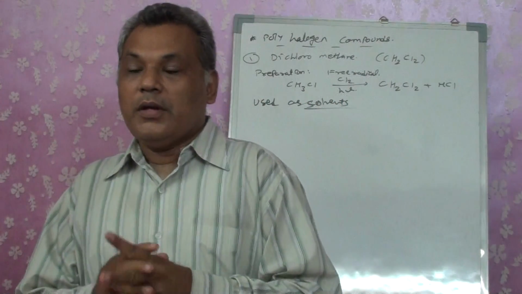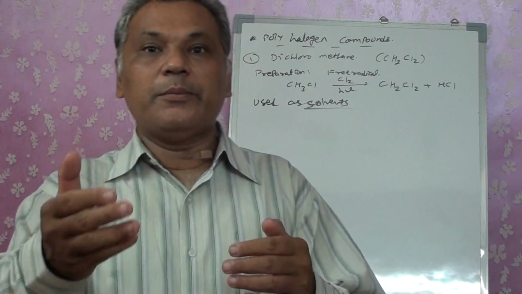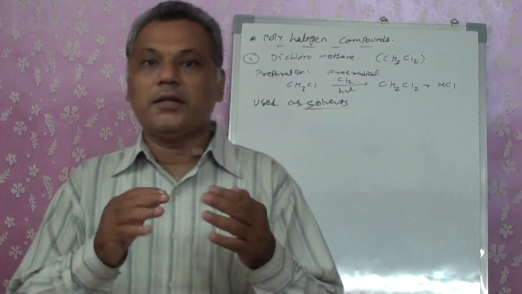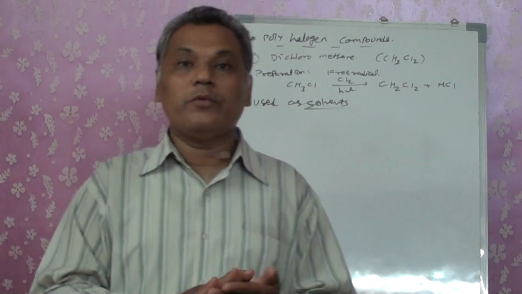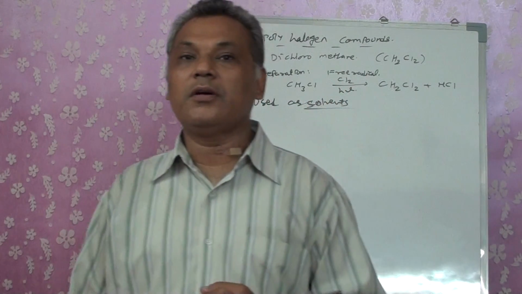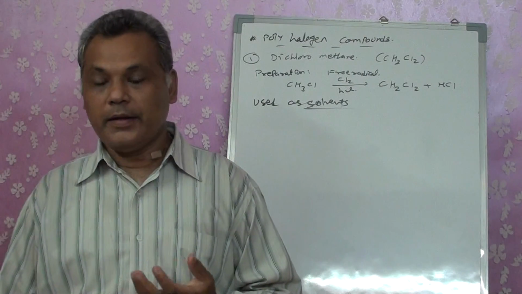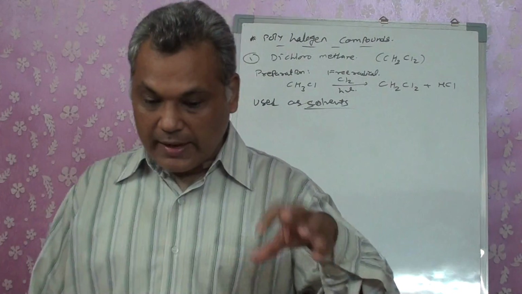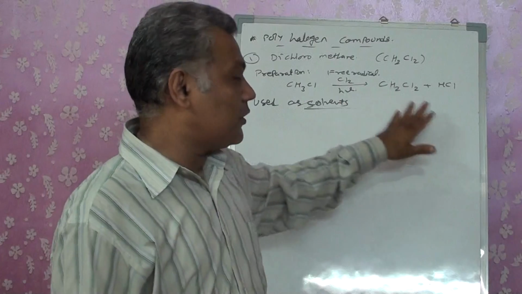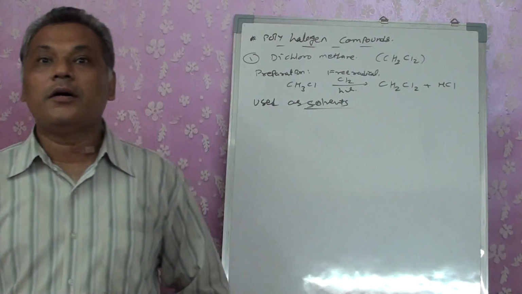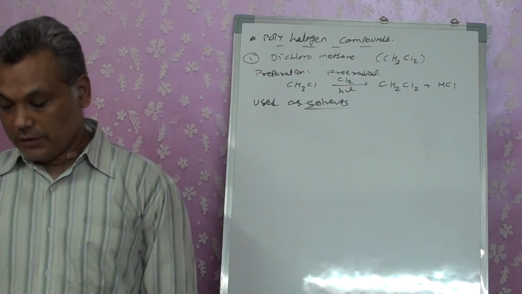If this compound comes in direct contact with the skin, it burns the skin and produces a mild redness. So you should not touch this compound directly. It will harm the skin.